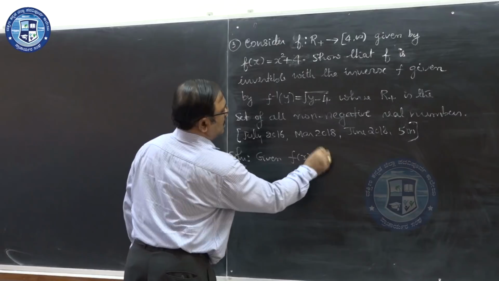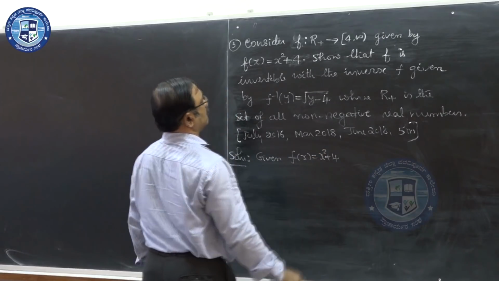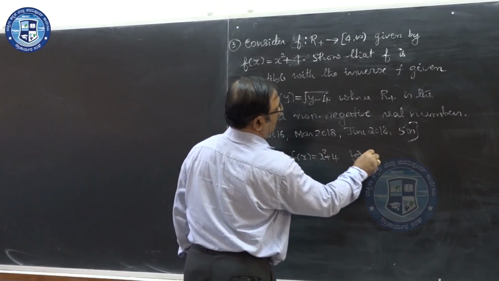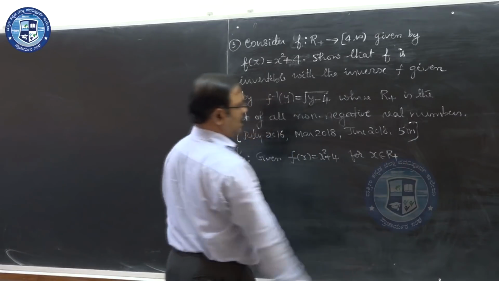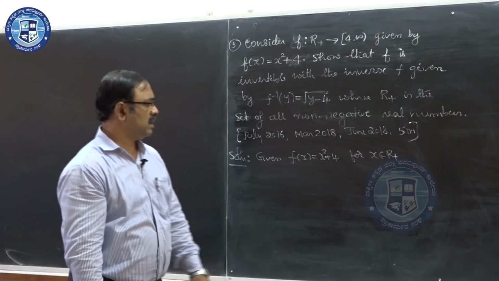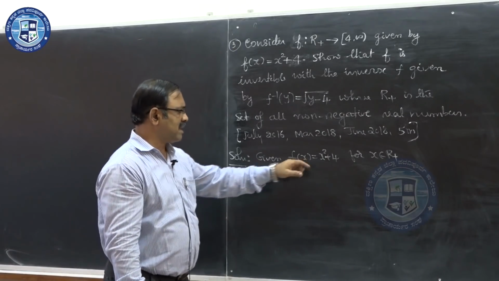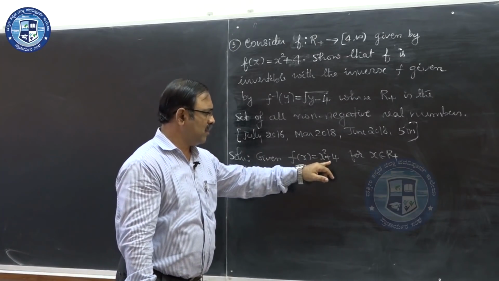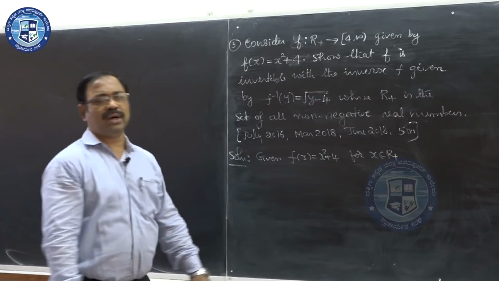See, they have given f of x is equal to x square plus 4 for x belonging to R plus.